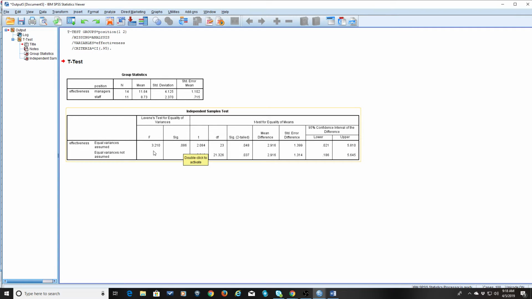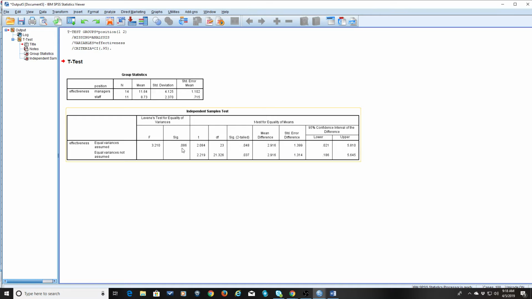Equal variance assumed. If you're assuming that the variance between the scores of one category is kind of the same, and you need that to be the same in order to continue with the rest of your analysis, that number has to be more than 0.05. Okay, for this purpose, more than 0.05 means that the differences were within the acceptable range for us to assume that the variances are equal.